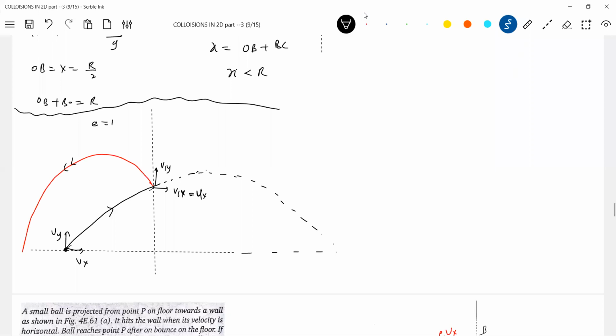Check the path. I am projected from point O at A, and before reaching the highest point it collides. This is B and C will come here. What should be the distance OB plus BC?